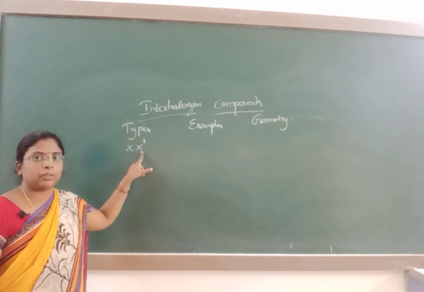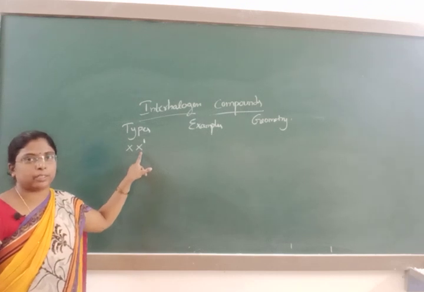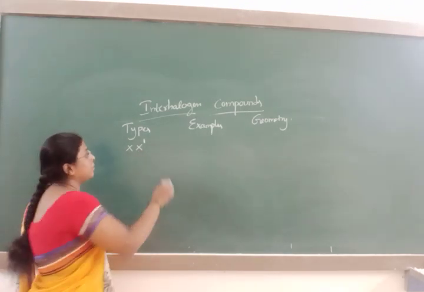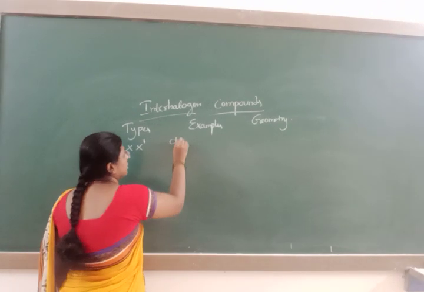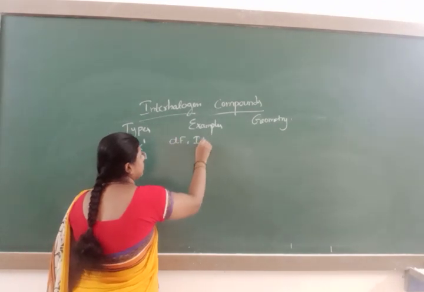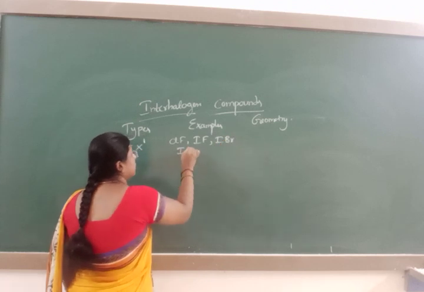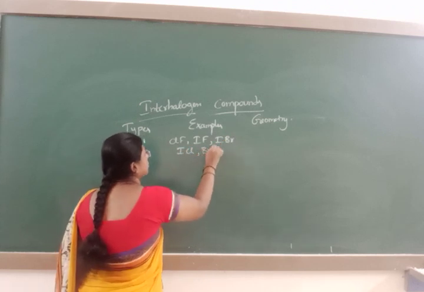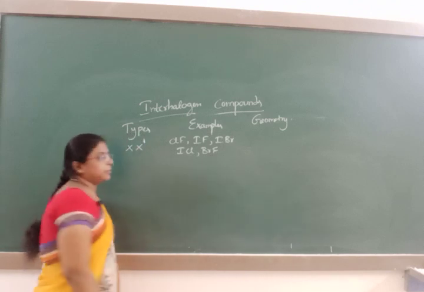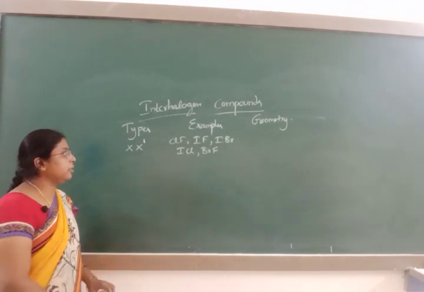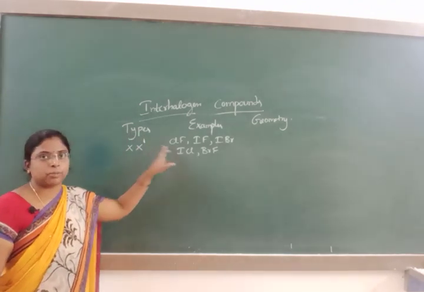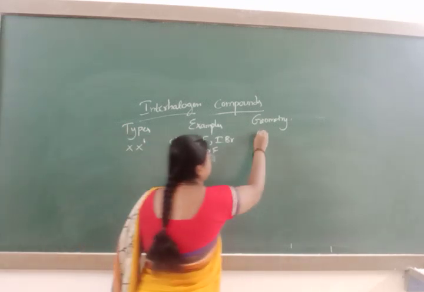X' is a halogen with smaller size and high electronegativity. Some examples of XX' are ClF, IF, IBr, ICl, BrF and so on. Here ClF, the geometry is linear.